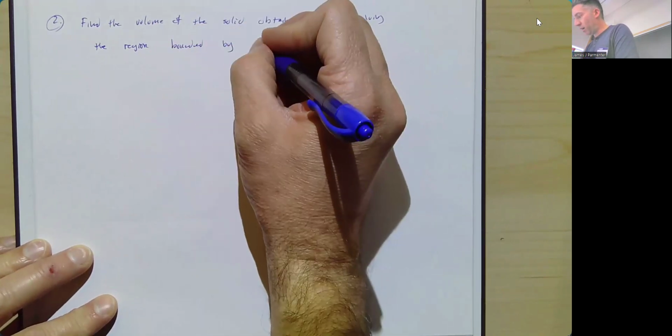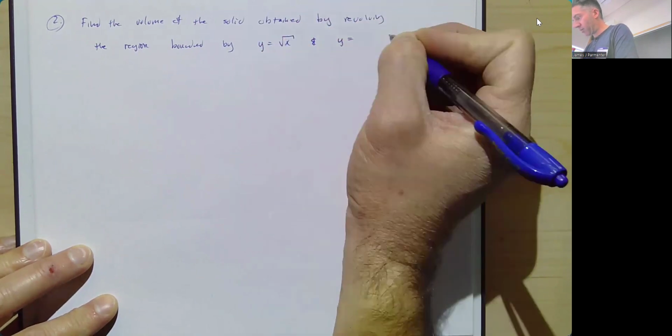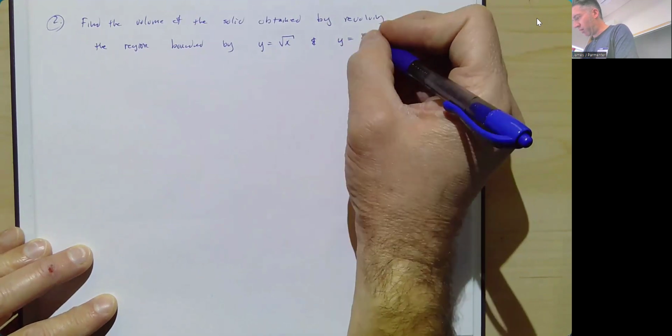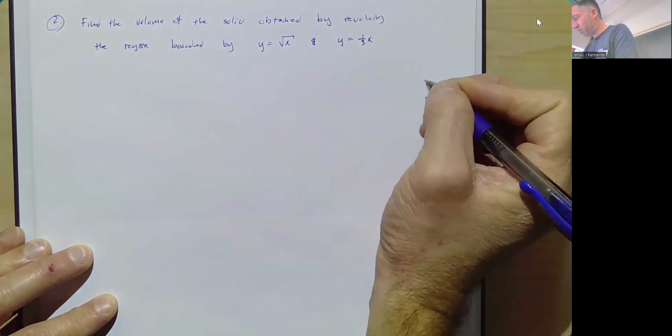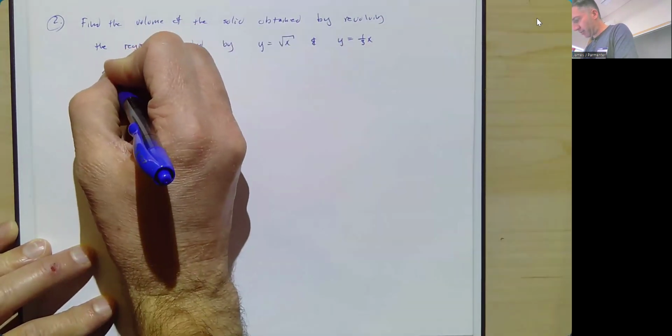Sure. y equal to the square root of x and y equal to, sure, 1/3 x. Is that going to work for me? Yeah, that's fine. Again, around the x-axis.